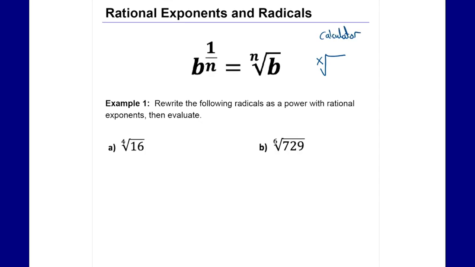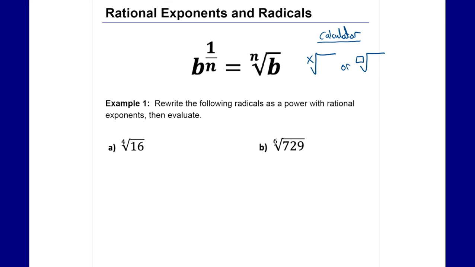It should look something like that. Or in some cases, if it's not an x, it might be something that looks like a box in front of that root sign. So one of those two options you should see on your calculator when you have to evaluate.